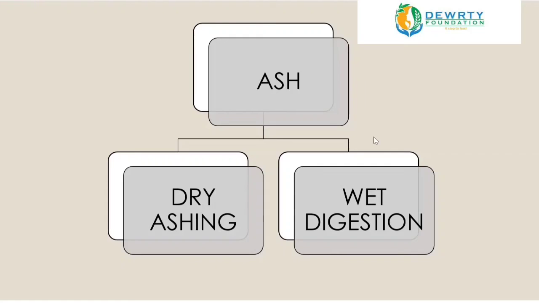What we are doing here is the estimation of minerals. So when we treat the ash with acid, it will come into a soluble form, and in that solution we will be able to calculate the mineral content of that sample. It's called acid mineralization.